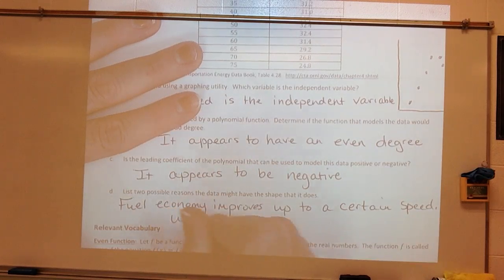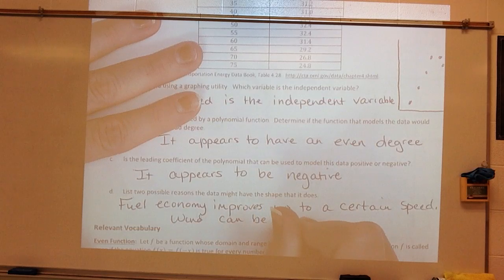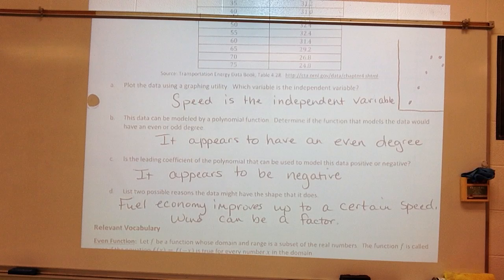Wind can be a factor, depending on where they're measuring, if it's a windy place.